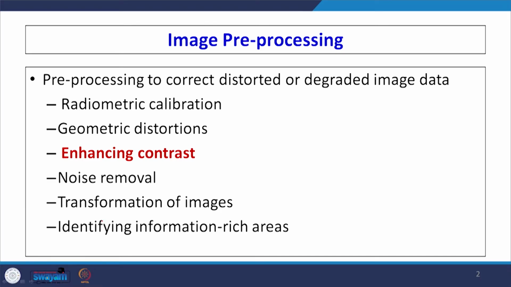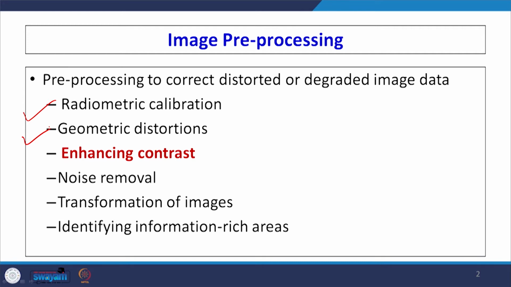When we are doing the image pre-processing, when the image is procured from the agency, you have to apply, for example, radiometric corrections and geometric corrections, which you have learned, and now you are learning how to improve the contrast.